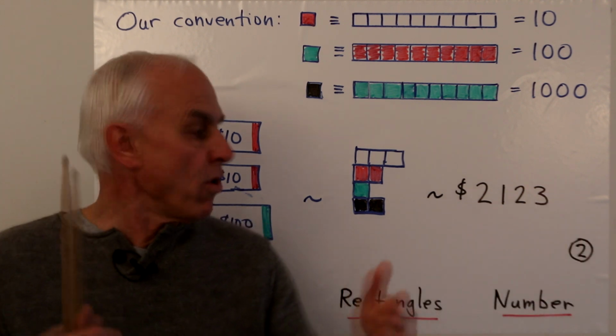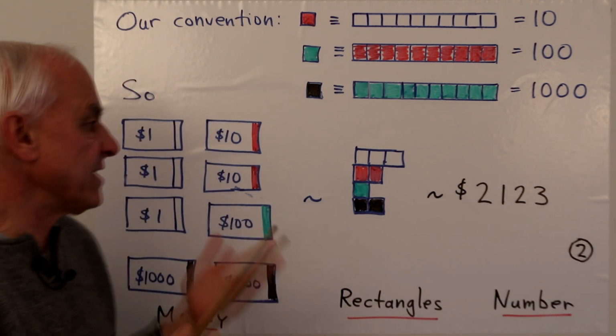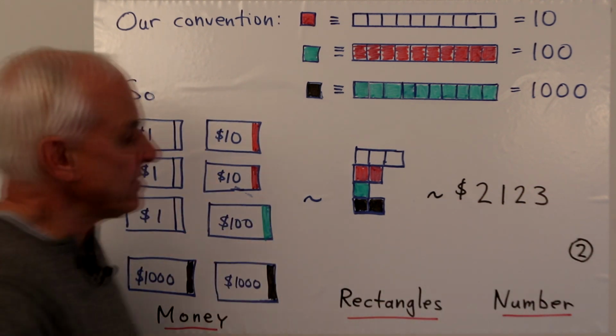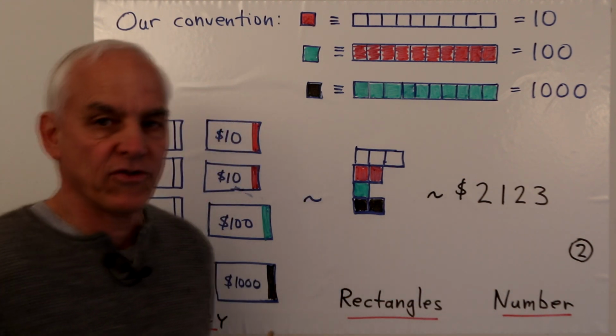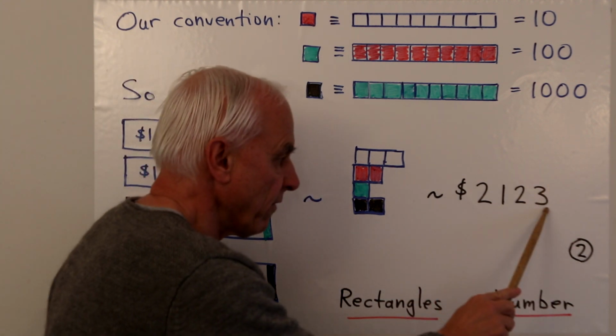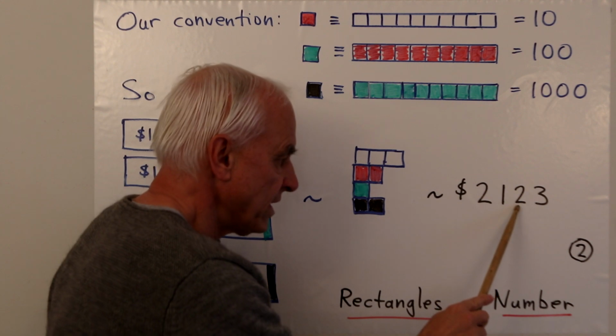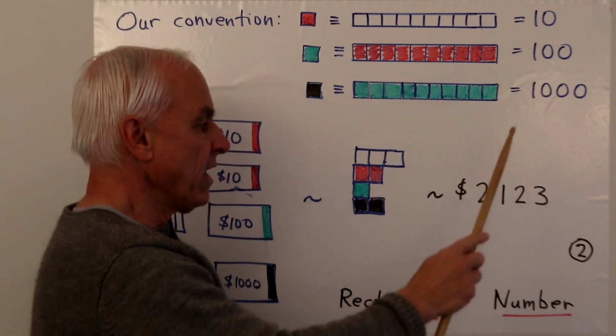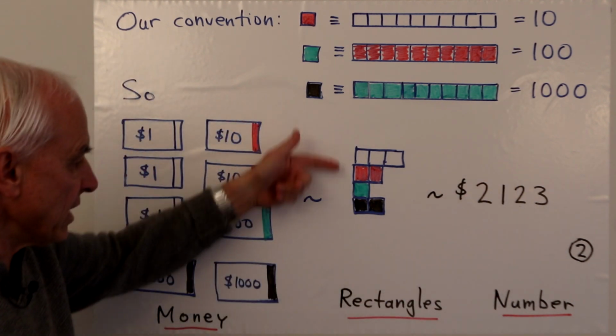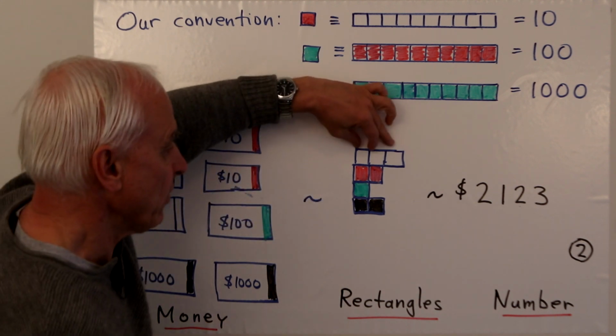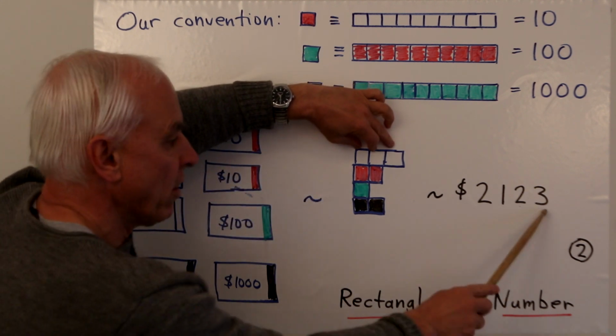This is much more effective, and it's really the same principle that underlies our Hindu-Arabic number system, where we record the number of ones, the number of tens, the number of hundreds, and the number of thousands. And you see there's an exact correspondence here. This 3 here, that's the number of ones, or $1 bills.